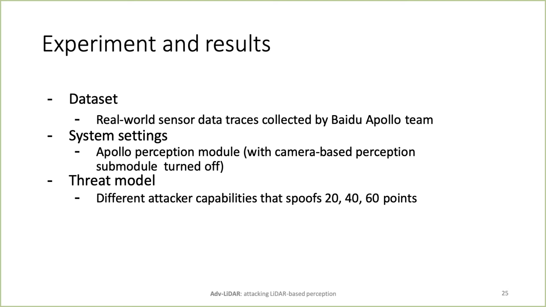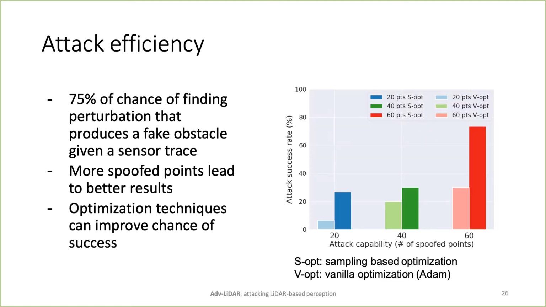And they wanted to model the fact that in their setup they could do 60 points, but maybe a less sophisticated attacker could only do 20 or 40. What are the capabilities of that as well?